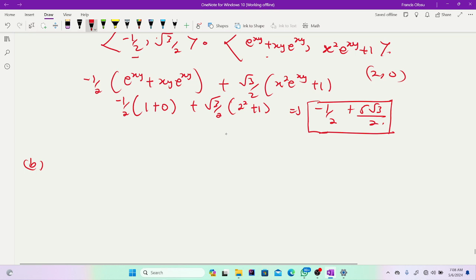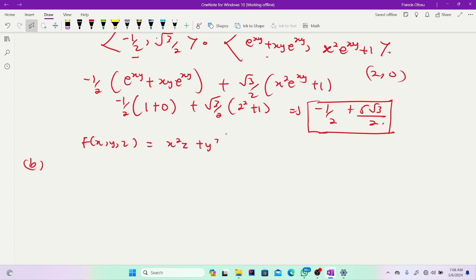Let me write the function on my side: f of x, y, z is equal to x² z + y³ z² − xyz. And the vector was given as ⟨−1, 0, 3⟩. At this point, what do we do? We need a unit vector.